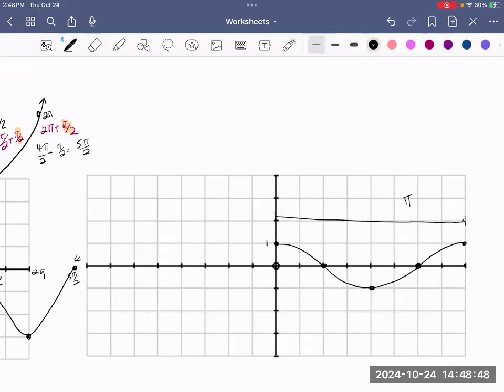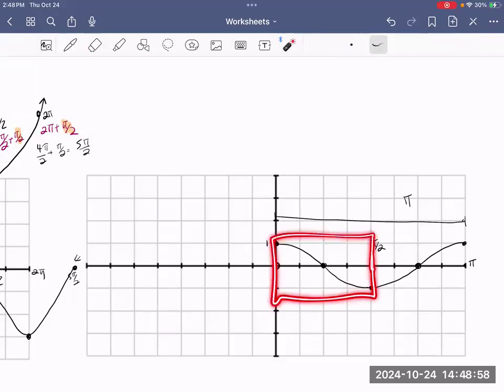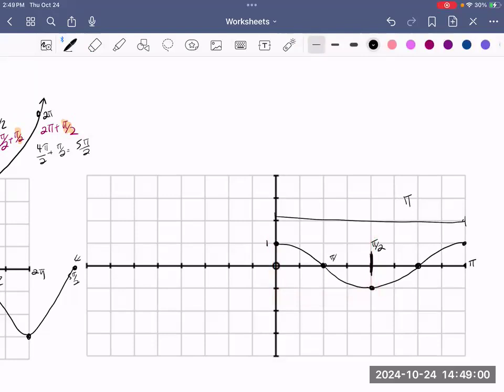That just means that at this value, this is pi, meaning that half of my period is pi over 2. And half of this wave here is pi over 4, which means that going from here to here is about pi over 4, 2 pi over 4, and another pi over 4.